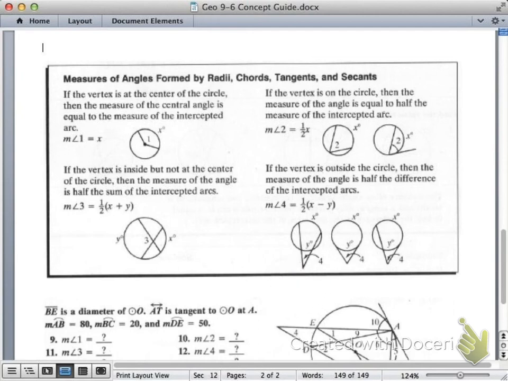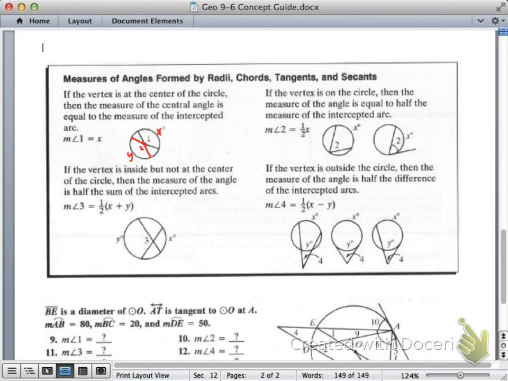And something else I want to point out to you is this. With the central angle one, this is really the same formula as the one that we just did, where the chords are inside. Because if we call this x up here, what would be the measure of y? It would be the same, because these are vertical angles.